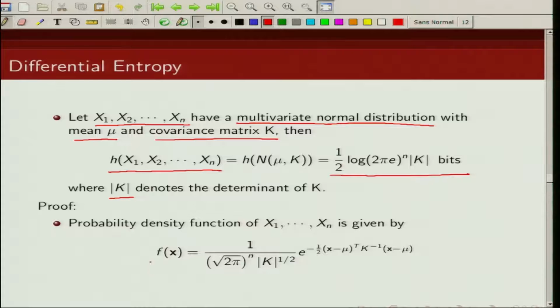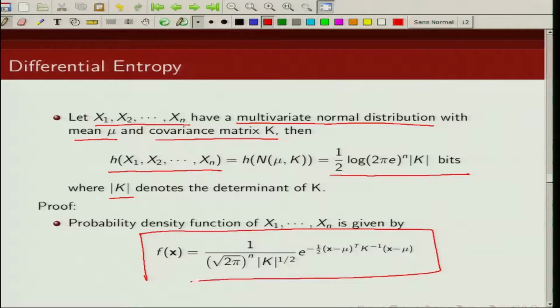So since x1, x2, x3, ..., xn follows a multivariate normal distribution, their density function is given by this expression.